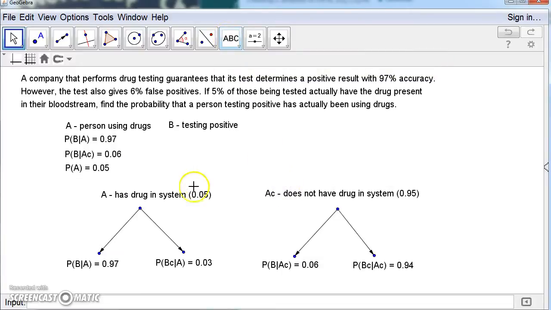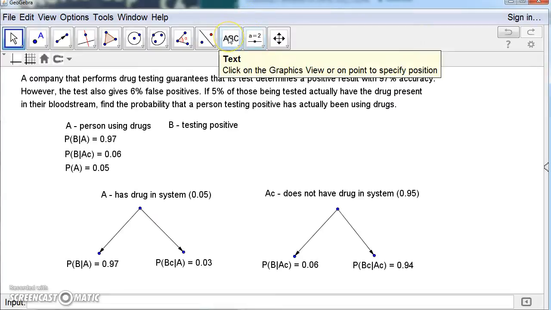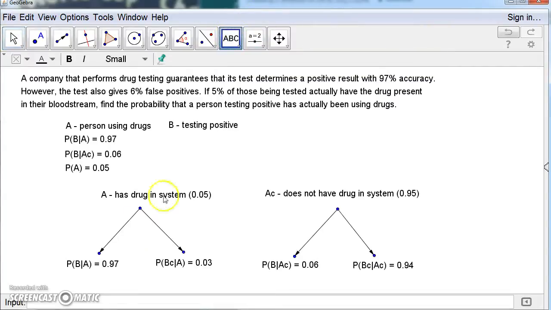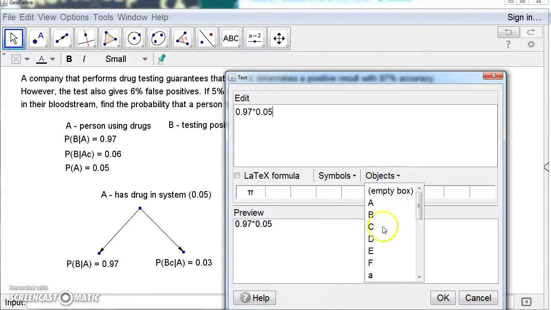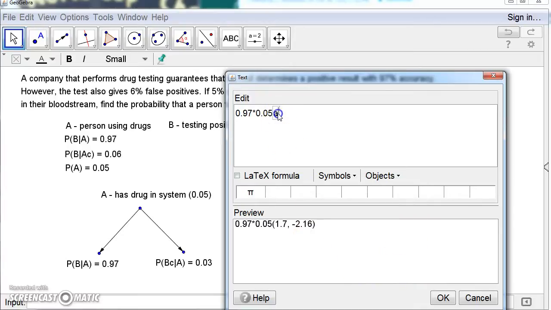So what we're going to do here is multiply down each of these branches to construct the correct probability of these events. So underneath here, I'm going to go 0.97 times 0.05.